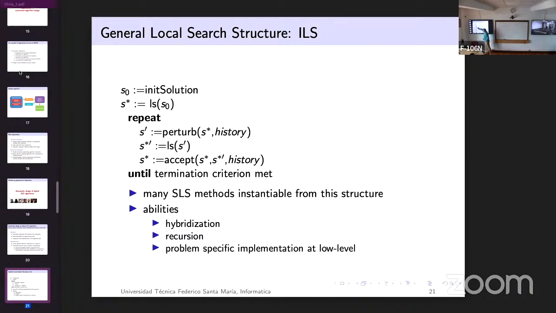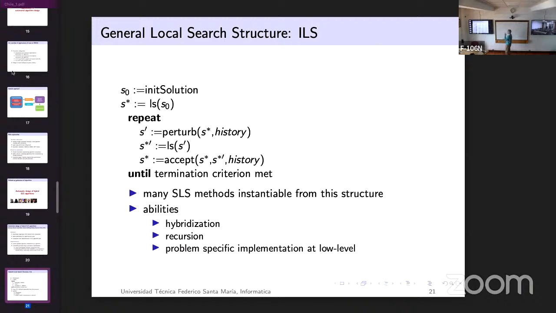If you do something like 1,000 iterations without improving, then you do some restart, so you need the history. Many SLS methods are instantiable from this structure.